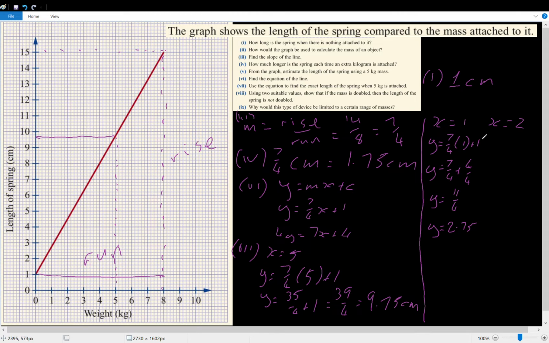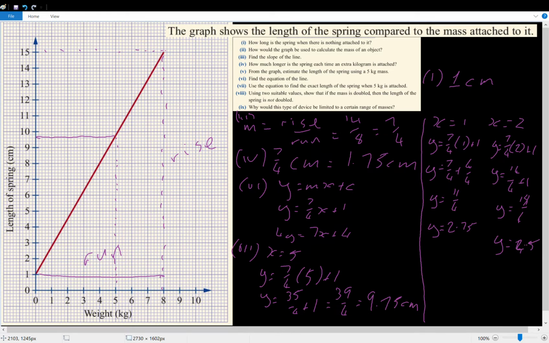And if we do x equals 2, we're going to have y is equal to 7/4 times 2 plus 1, which means y is equal to 14/4 plus 1. So y is equal to 18/4. So y is equal to 4.5. And you can see that 4.5 is not double 2.75. So you have sufficiently shown what you're asked to show.